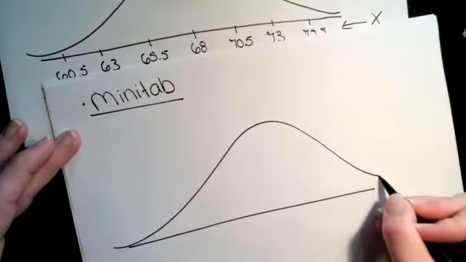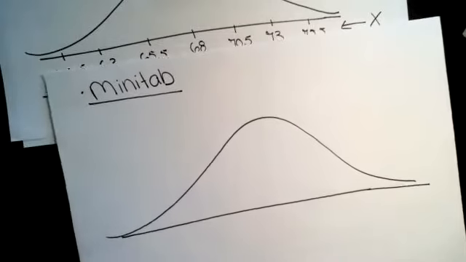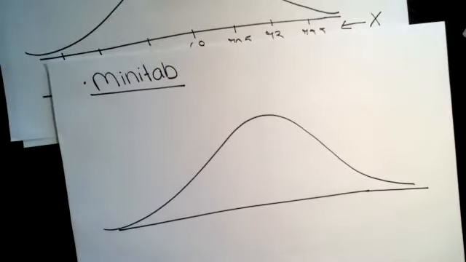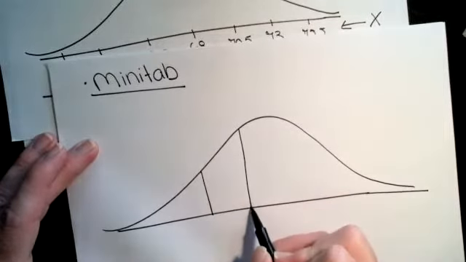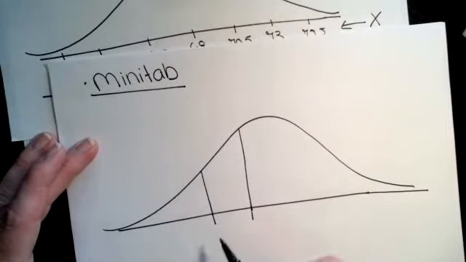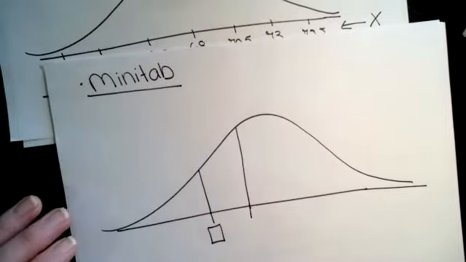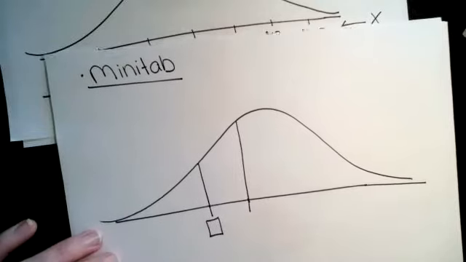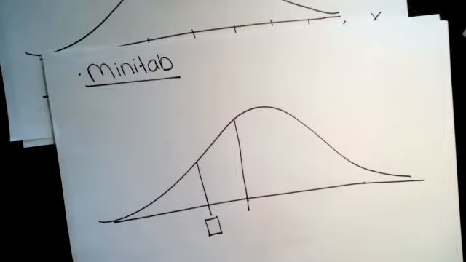So if you're looking at Minitab here, and we want to maybe calculate the area or the probability between these 2 lines, okay? So I'm not going to put any numbers in, I'm just going to put colors. When you use Minitab, Minitab asks you for the center and the spread, which is fine, okay?